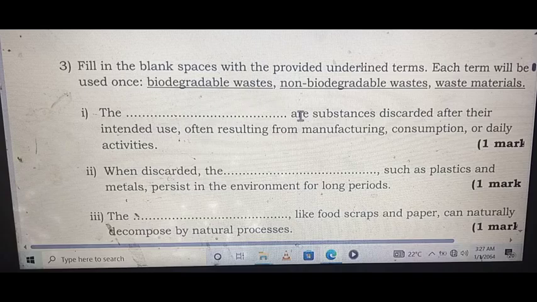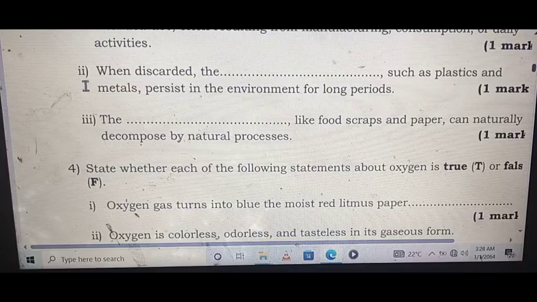They are substances discarded after their intended use, often resulting from manufacturing, consumption, or daily activity. The correct answer is waste material. 2.